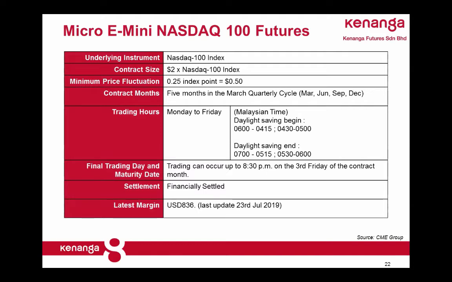Okay, for the Nasdaq 100 micro E-mini contract, every point of Nasdaq is times 2. Minimum fluctuation is 0.25, equal to 50 cents. Others will be similar to the previous two contracts, and the latest margin is $836.